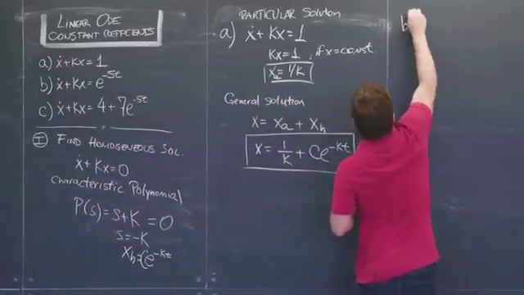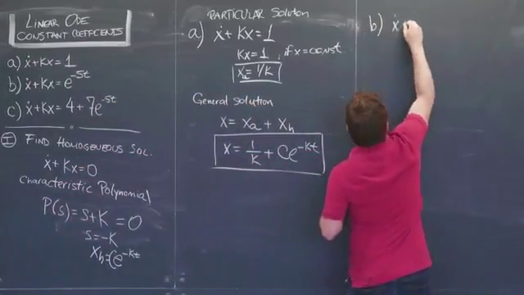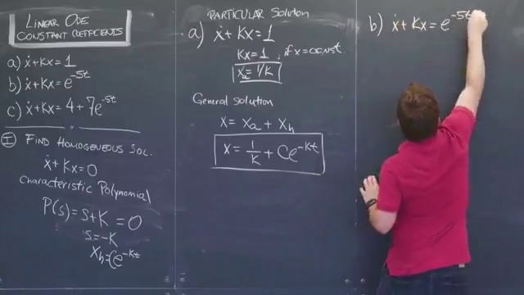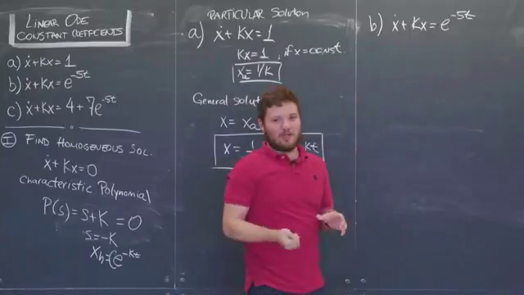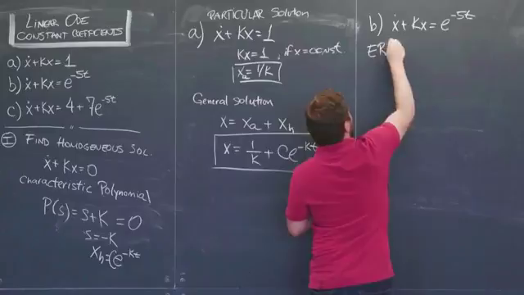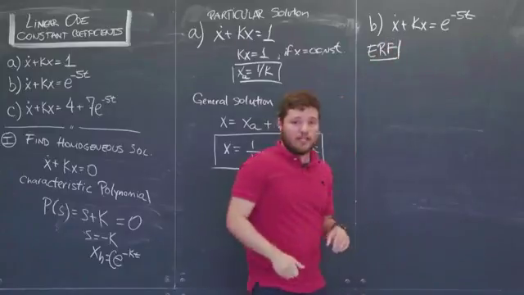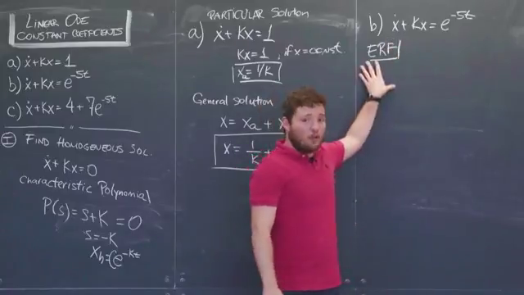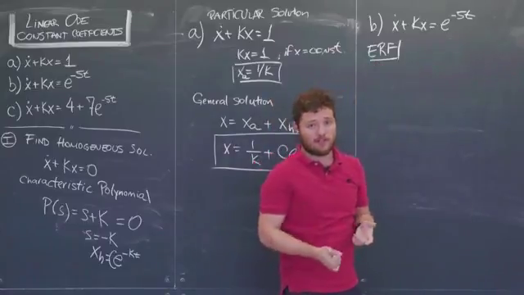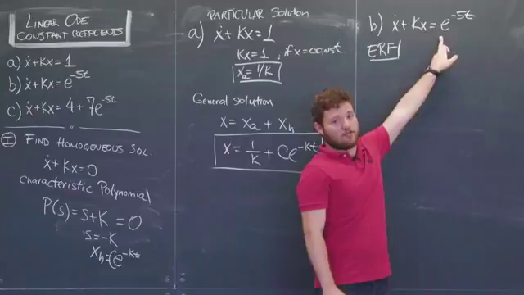Now for part B, we're looking at x dot plus kx is equal to e to the minus 5t. And now we'll use the systematic method. We're going to use the exponential response formula, or ERF. We can only use the ERF because the right-hand side, or the forcing of this equation, is exponential.